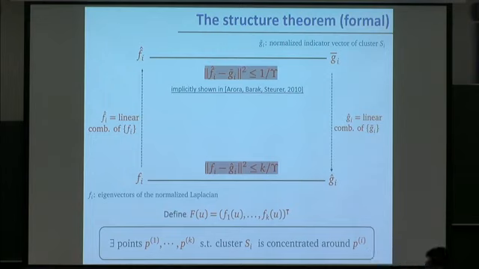One consequence is, remember, we define F of u as our favorite spectral embedding used in the spectral clustering algorithm. Once we use the spectral embedding to map every vertex to a point in k-dimensional space, we are able to prove that there always exist k points, p1 to pk, such that the embedded points from cluster Si are concentrated around pi. This is a crucial thing used to analyze the spectral clustering algorithm.